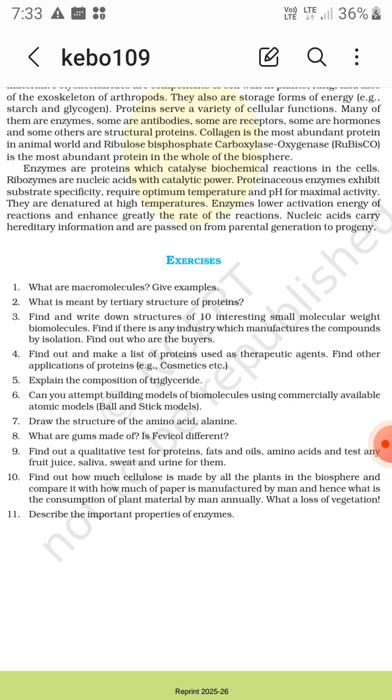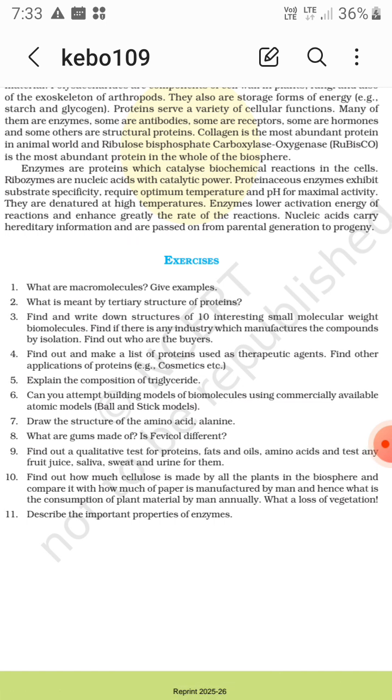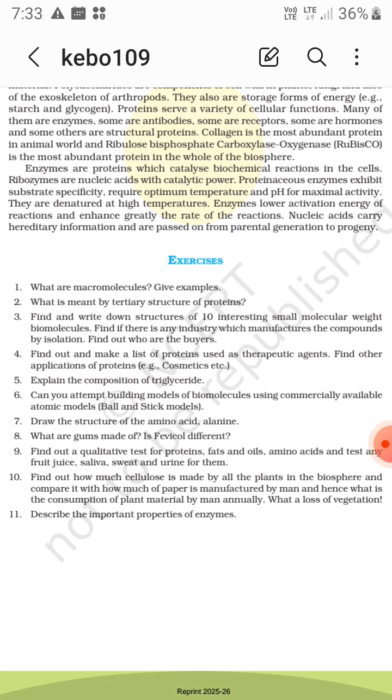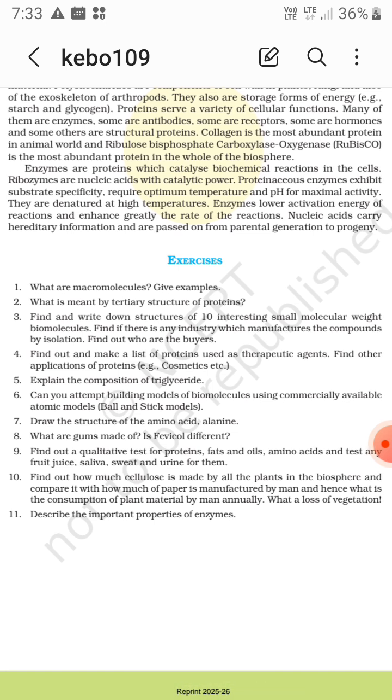Now proteinaceous enzymes exhibit substrate specificity, and require optimum temperature and pH for maximal activity. They are denatured at high temperatures.